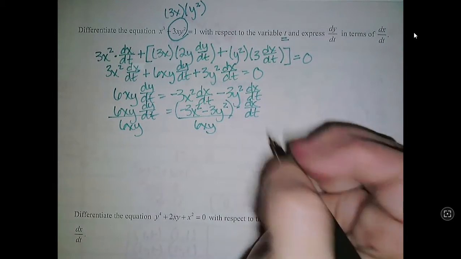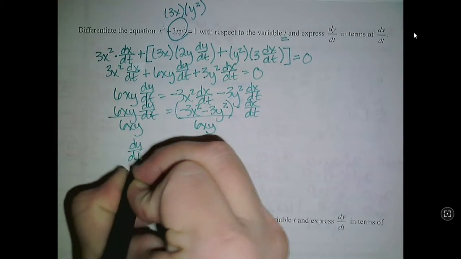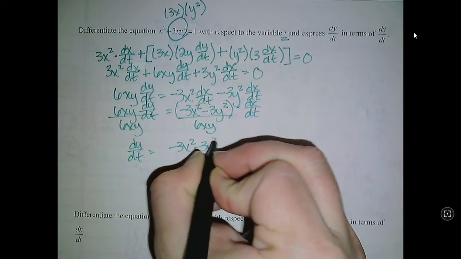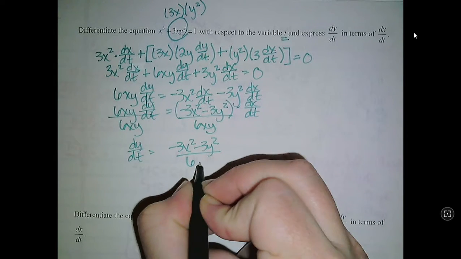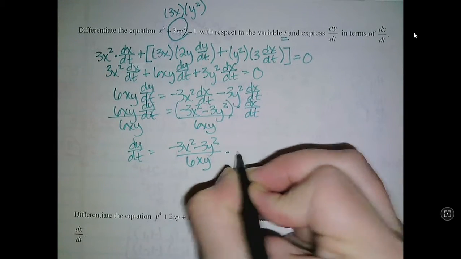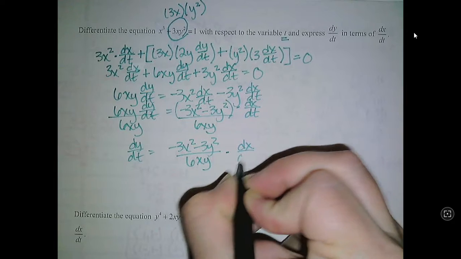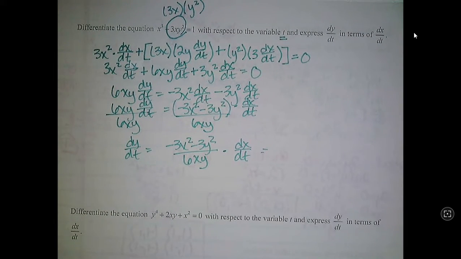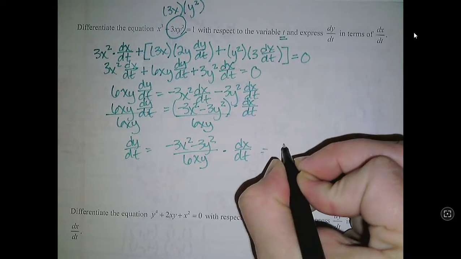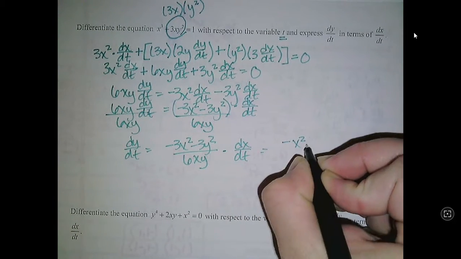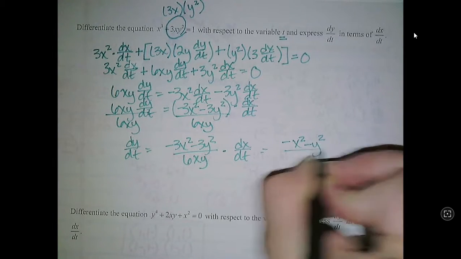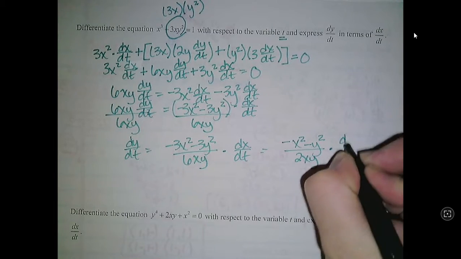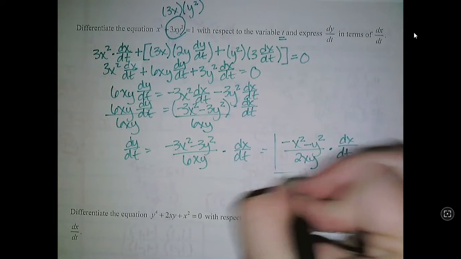So dy dt is equal to negative 3x squared minus 3y squared divided by 6xy times dx dt. I could even reduce everything here by a factor of 3. So I have negative x squared minus y squared divided by 2xy times dx dt.